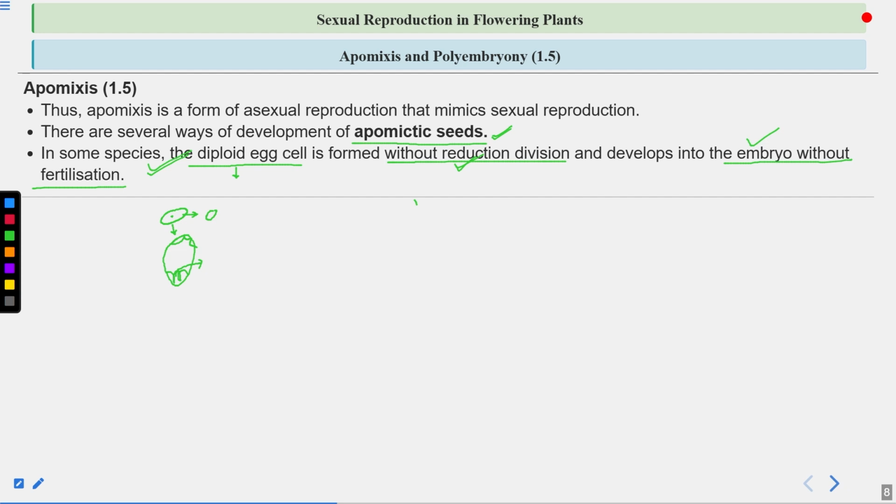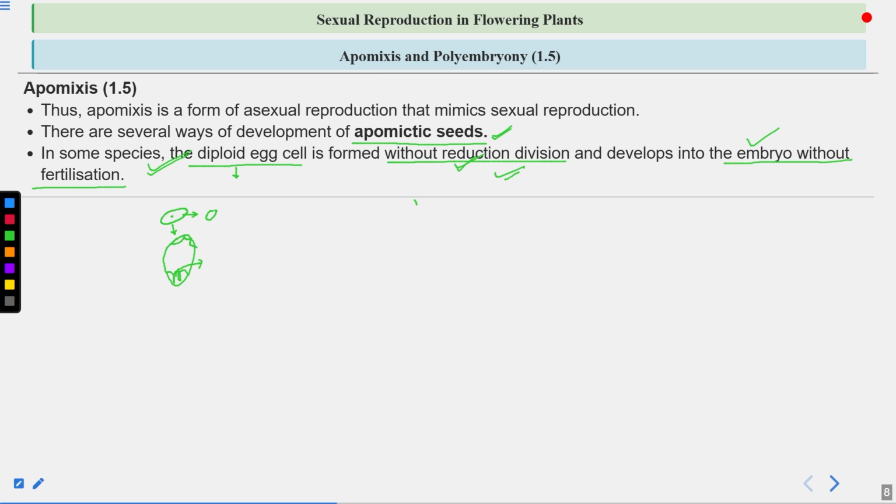In normal conditions reduction takes place, but in apomictic seed formation one diploid cell of the nucellus divides by simple mitosis. 1 nucleus gives rise to 2, 2 give rise to 4, and these 4 again divide by mitosis to form the 8-nucleate stage.